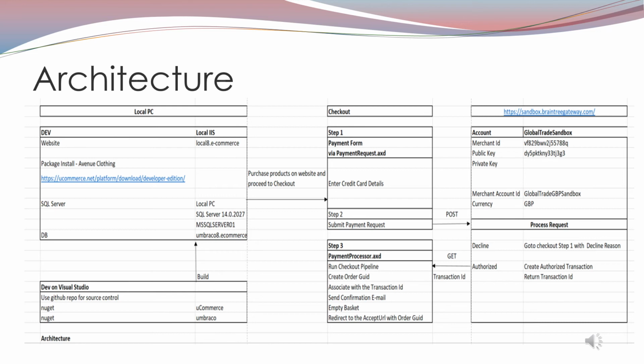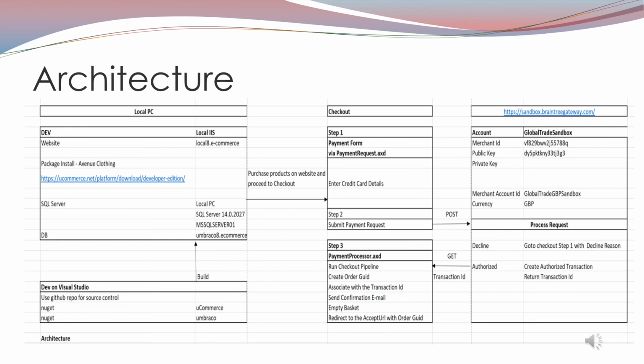If the payment is authorized, then a transaction is created, and that transaction ID is passed back to the local website through the payment processor handler, whereby it will complete the purchase by running the checkout pipeline.